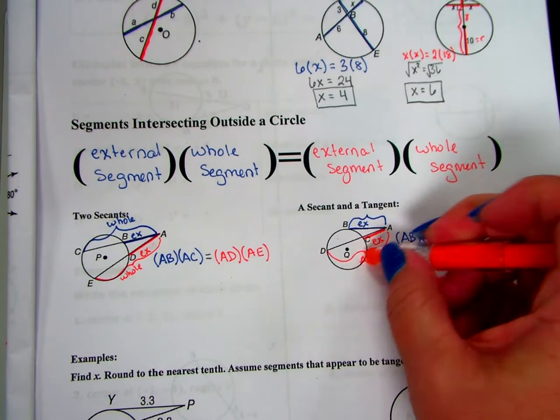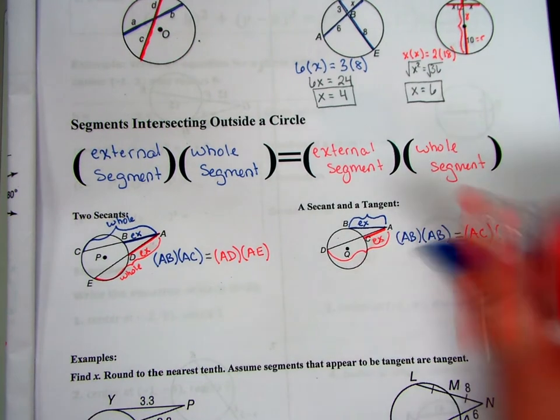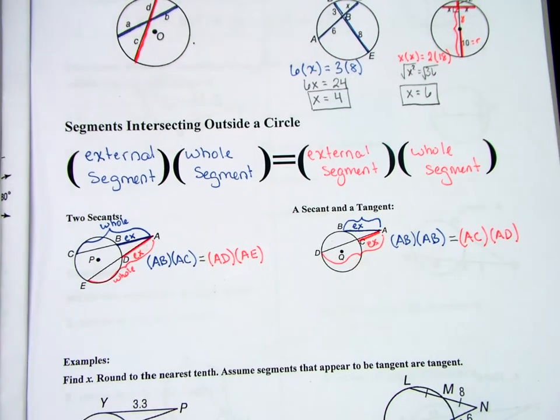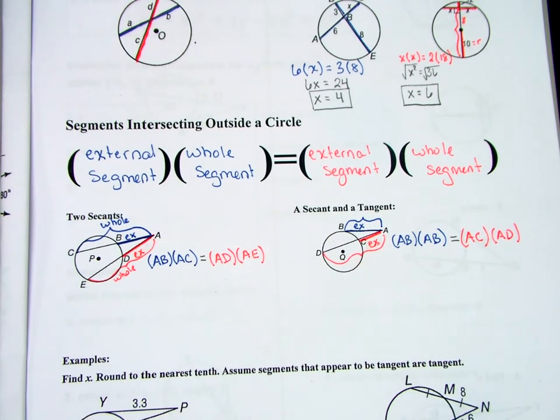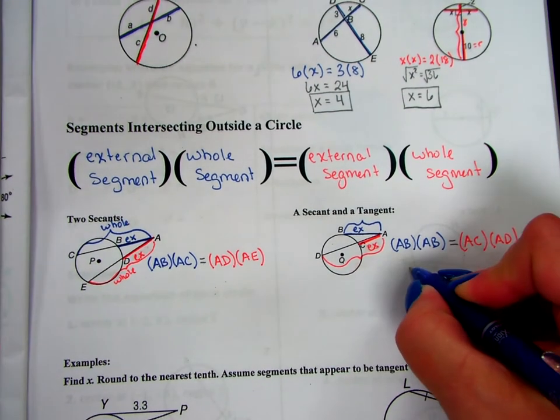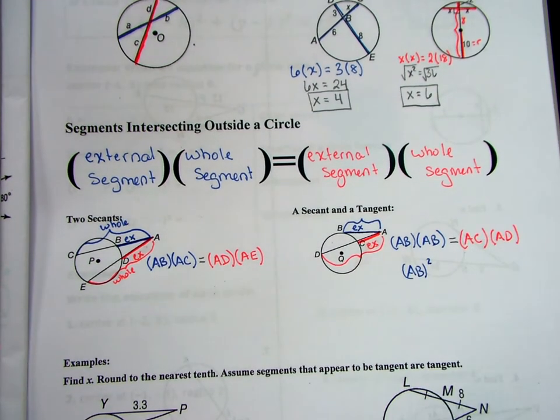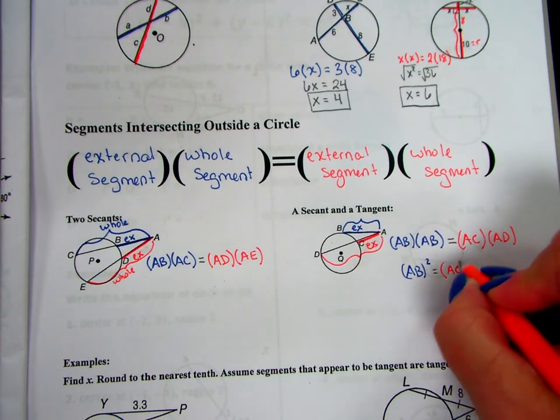Whole. Which this one, when you have a secant and tangent, you could rewrite it as the tangent squared equals the external times the whole.